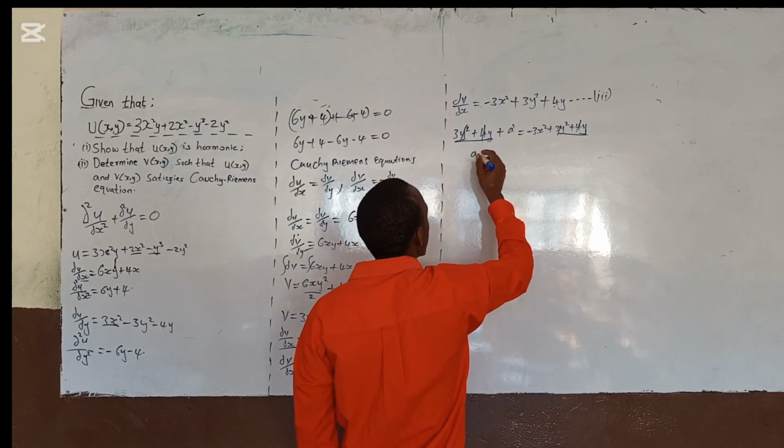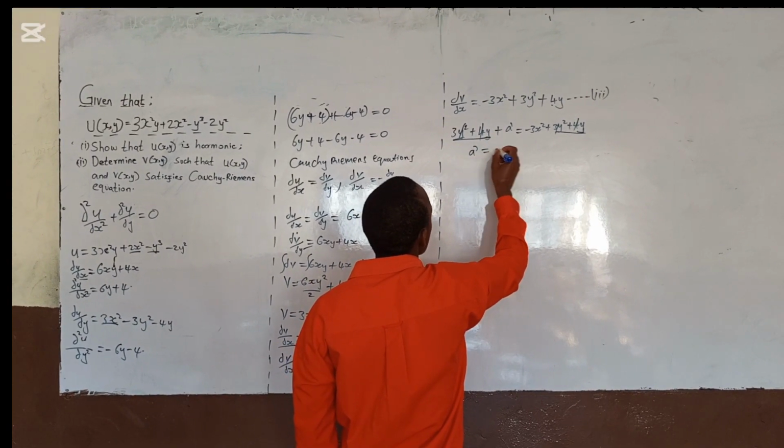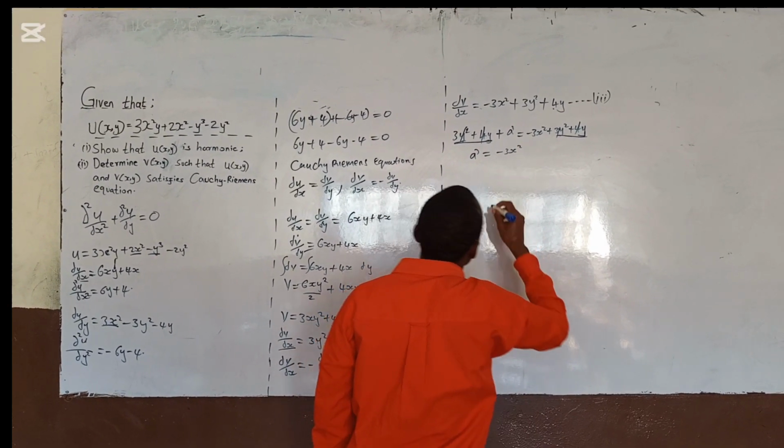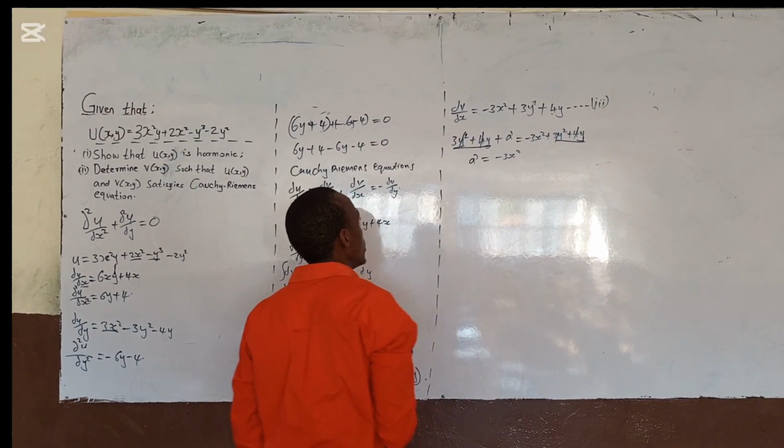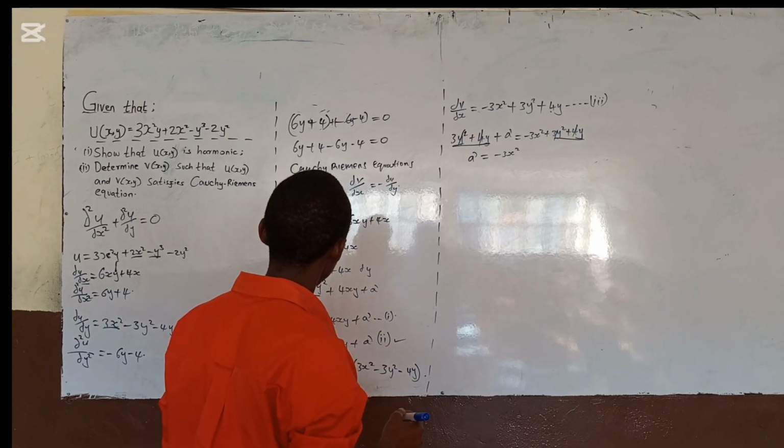Now we have the derivative of the function equal to minus 3x squared.